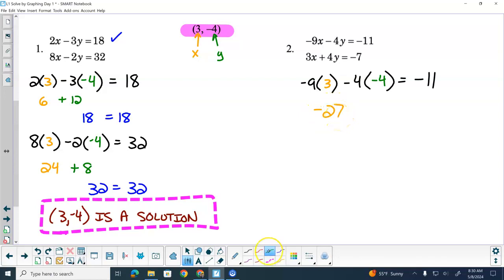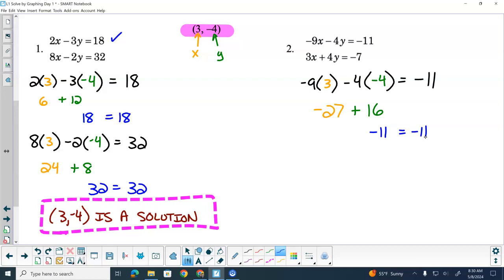Negative 4 times negative 4. Coro, we'll stick with you because you got a calculator out. 16, so positive 16. Negative 27 plus 16. Negative 11? Yeah, negative 11. Yeah, it worked out. Okay, so it checks out there.